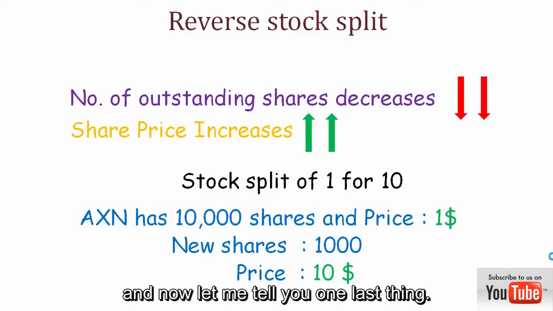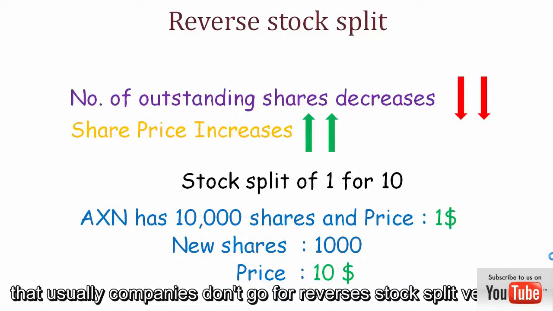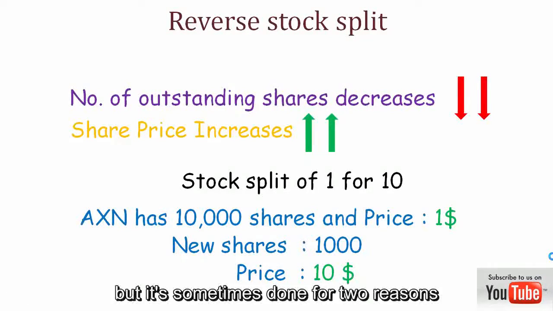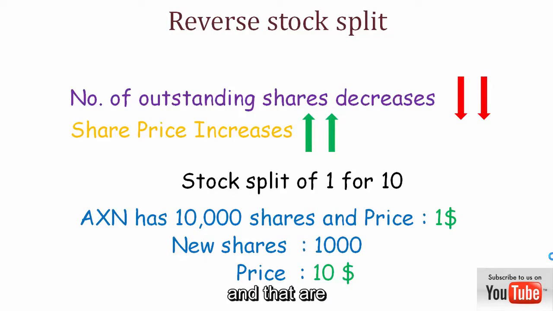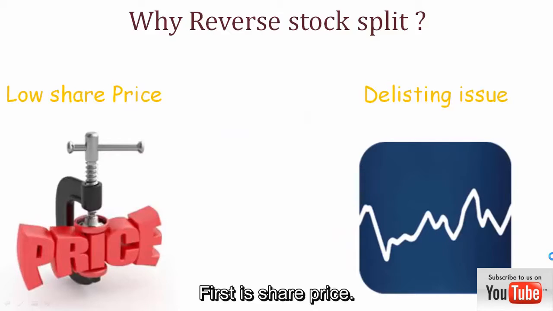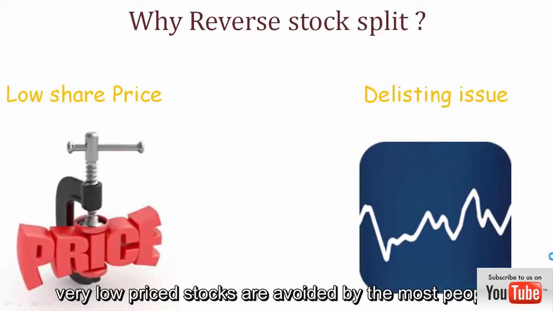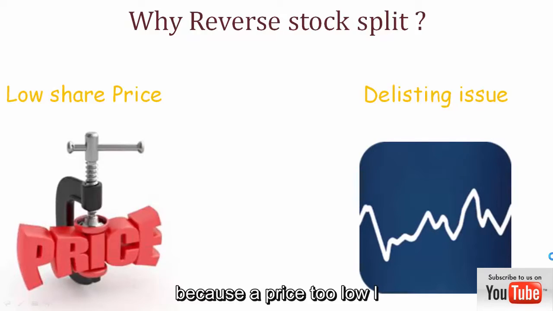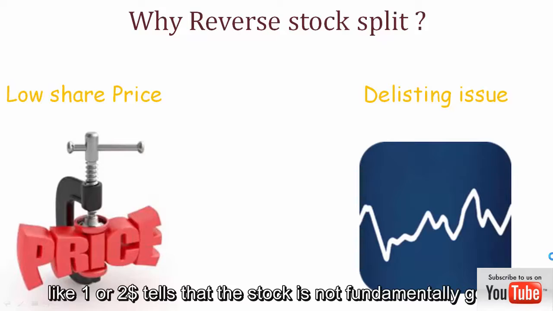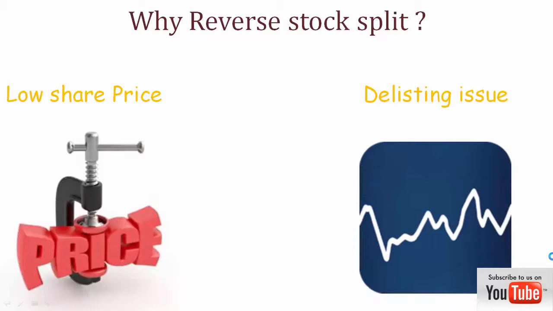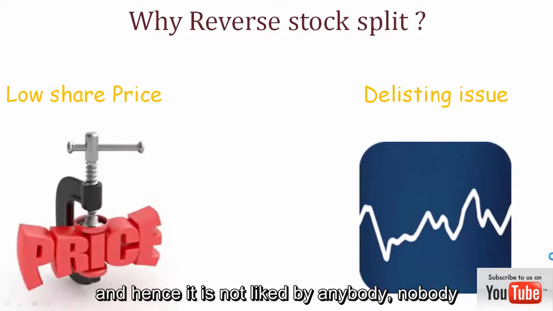And now let me tell you one last thing, that usually companies don't go for a reverse stock split very often, but it's sometimes done for two reasons. And the first is share price. Well, very low price stocks are avoided by most people, because a price too low like $1 or $2 tells that a stock is not fundamentally good, and hence it is not liked by anybody.